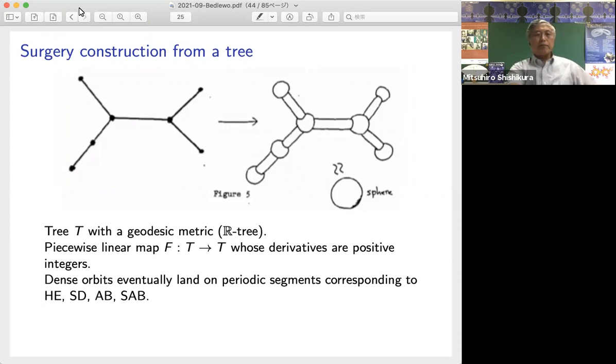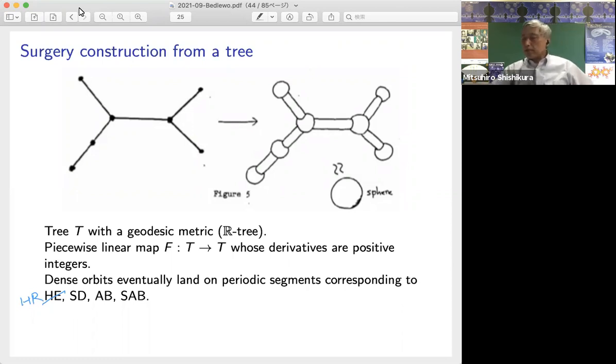And you have to have a dense orbit, which eventually lands on the periodic segments corresponding to this. Oh, sorry, this is a Herman ring, Siegel disk, and attracting basin or super attracting basins.